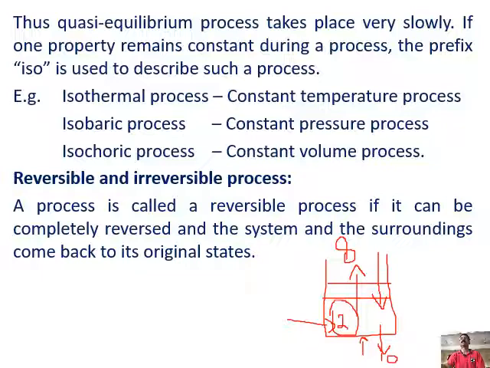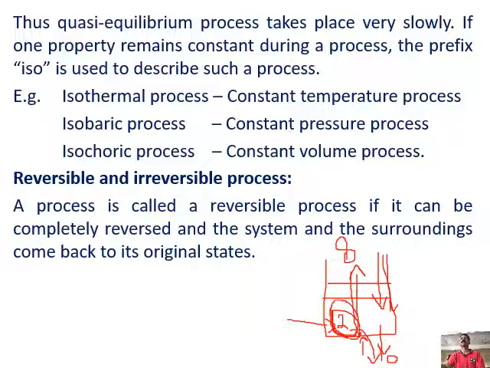And even the surroundings: 10 kilojoules was supplied from the surroundings, 8 kilojoules of work was done, so there is a loss of 2 kilojoules for the surroundings, which remains inside the system as internal energy. But during the reverse process, when 8 kilojoules of work is done, including this 2, 10 is coming out, which means whatever the surroundings gave initially is now coming back to the surroundings. So both the surroundings and the system come back to their initial state.